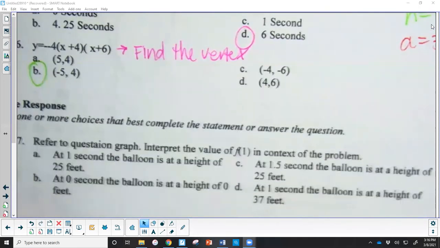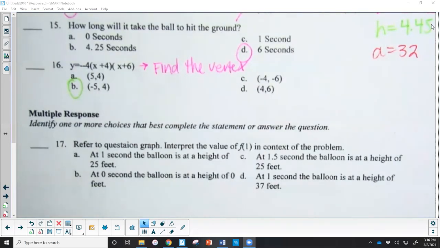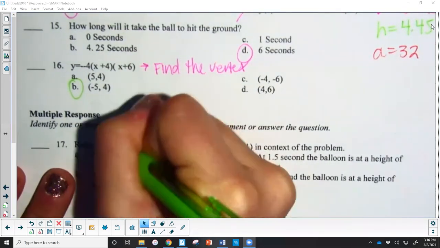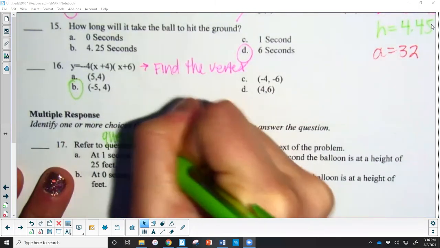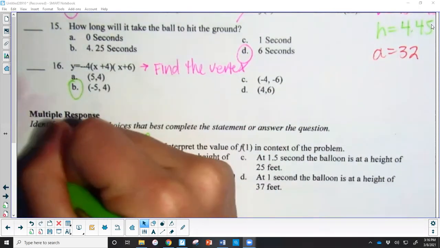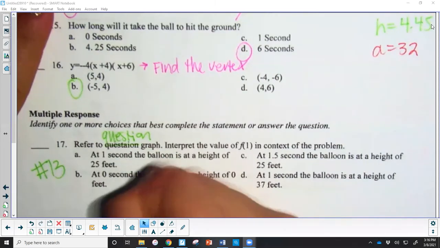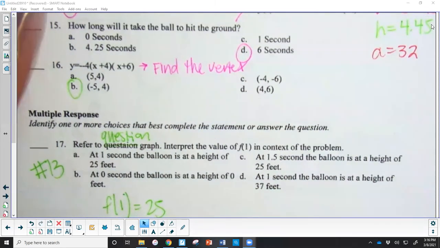All right, number 17, last question. So refer to the graph. So I guess number 13. Interpret the value f of 1 in context of the problem. So f of 1 was 25. So what does that mean?